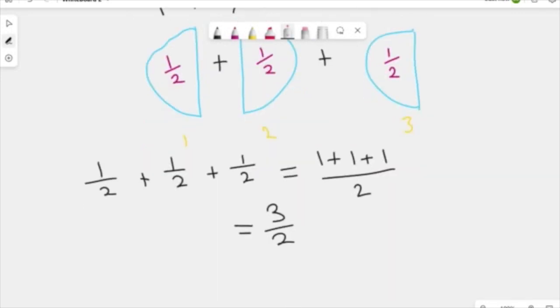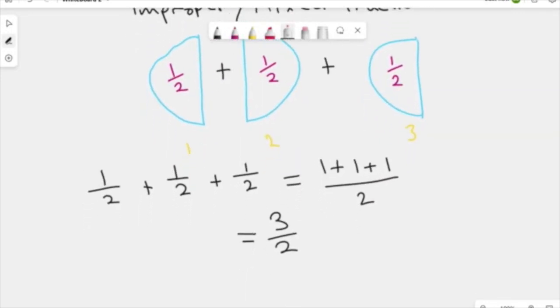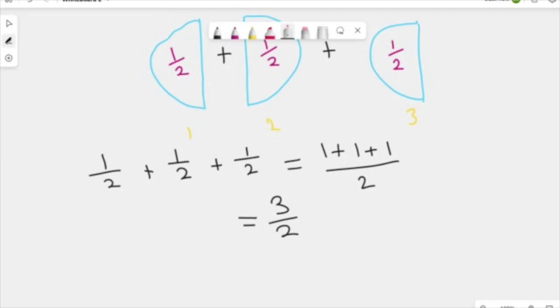So our improper fraction is in the form where the numerator is bigger than the denominator. And I'm going to actually label this here. So we have that this is an improper fraction.